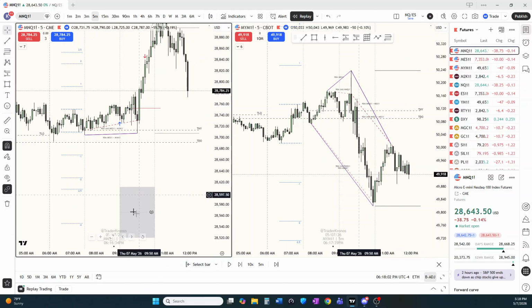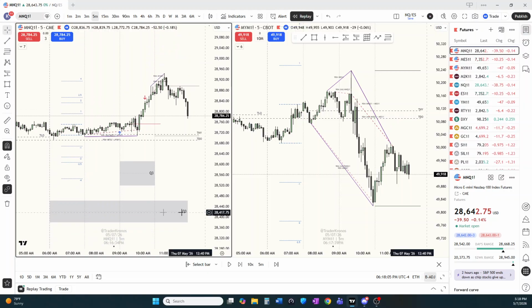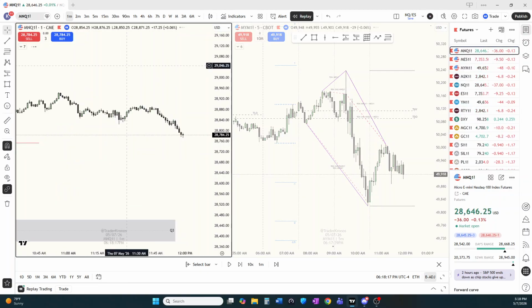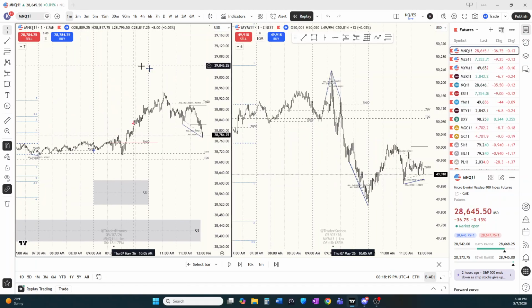But it was quarter 3 already stacked with quarter 3. So even higher probability that this would hold. That's why I said stick with this today. If you look at when the low was put in again, what can you already tell?